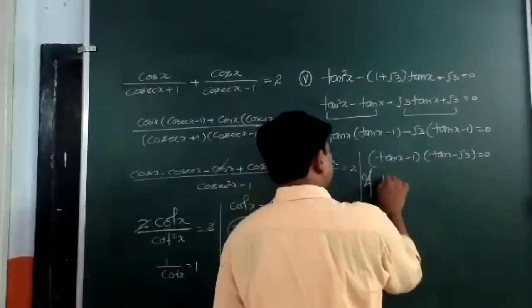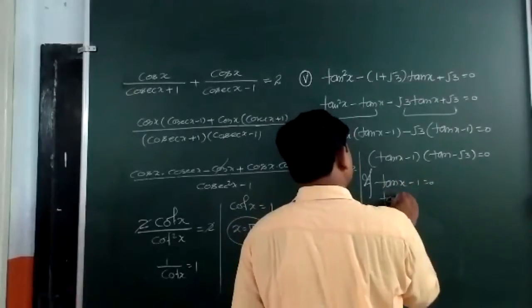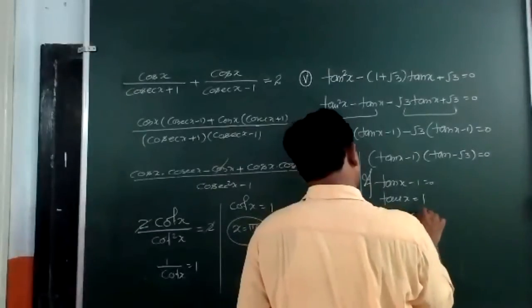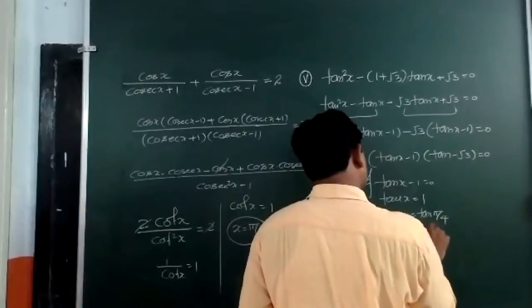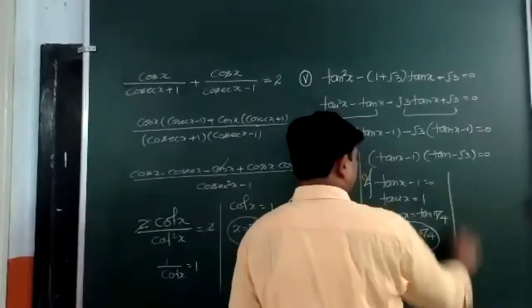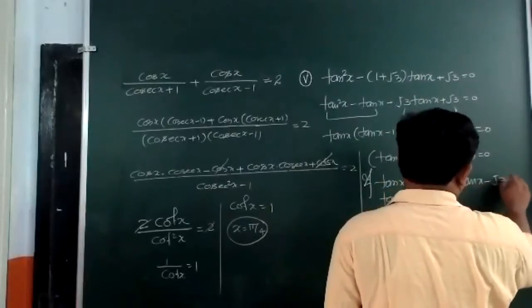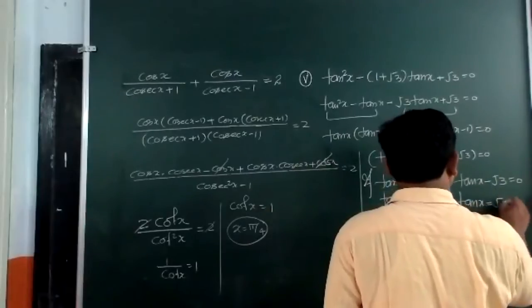If I take tan x minus 1 equal to 0, tan x is equal to 1, so x is equal to pi by 4. And if tan x minus root 3 equal to 0, I will write tan x is equal to root 3.